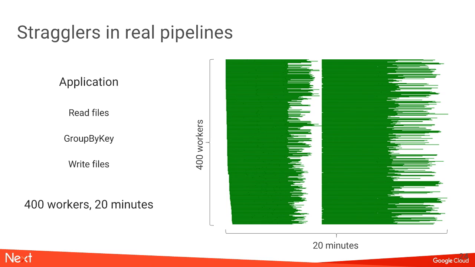Oh yeah, they do. This is a typical MapReduce-like pipeline where you have a read operation, you group it by key, and you write it. This is a job with 400 workers running for about 20 minutes. And if you look at what those 400 workers worked on, there are these huge gaps where many workers sat idle while a few other workers were trying to finish, right? And this is a big resource waste, right?